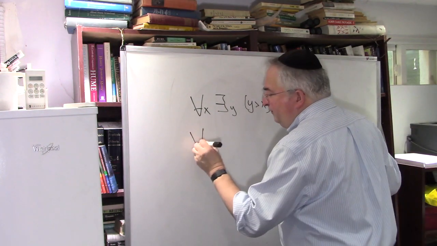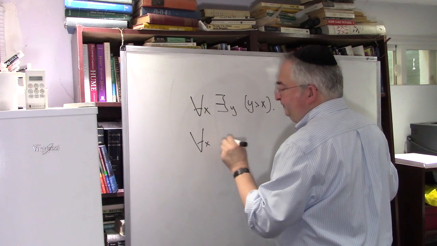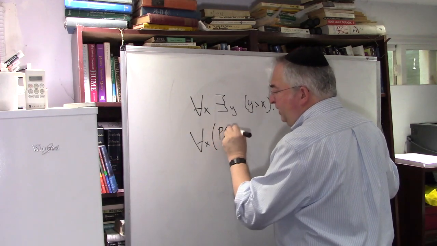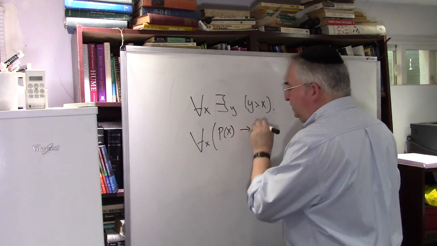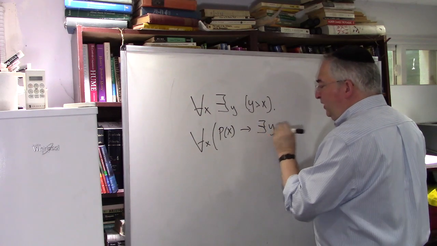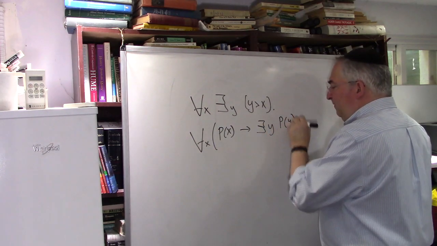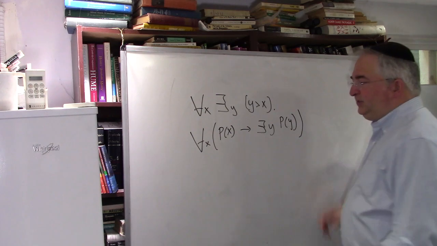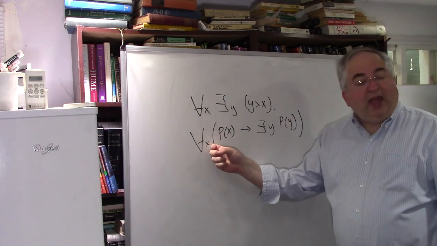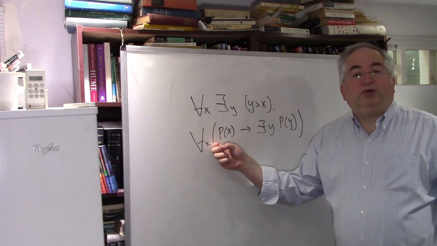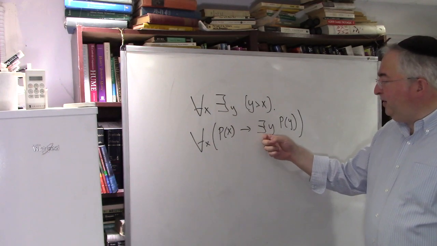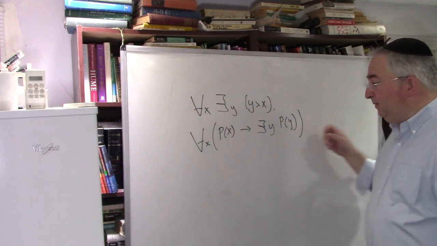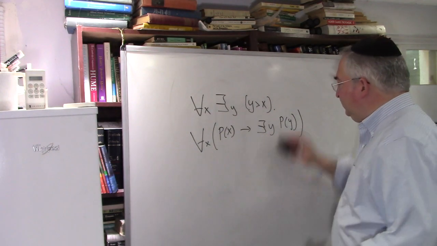How about this? For all x, if p of x implies there exists a y such that p of y. Let's see what this says. Oh, hold on. Didn't do that right.